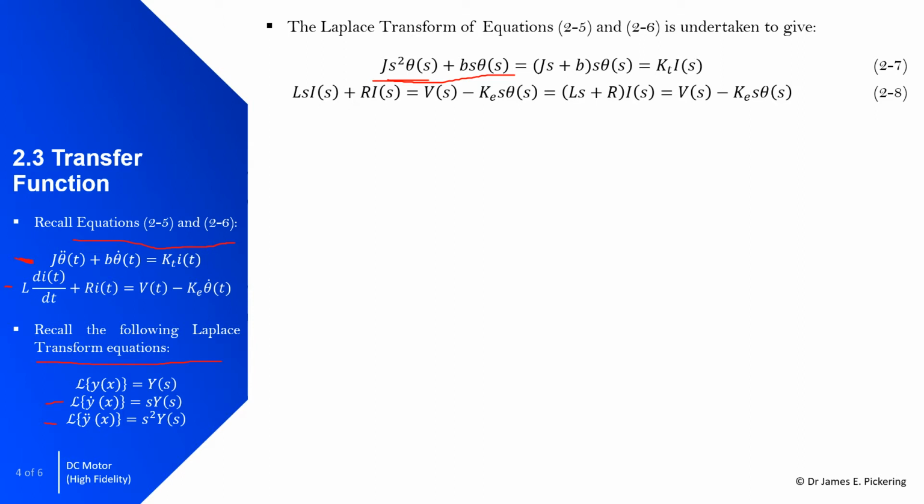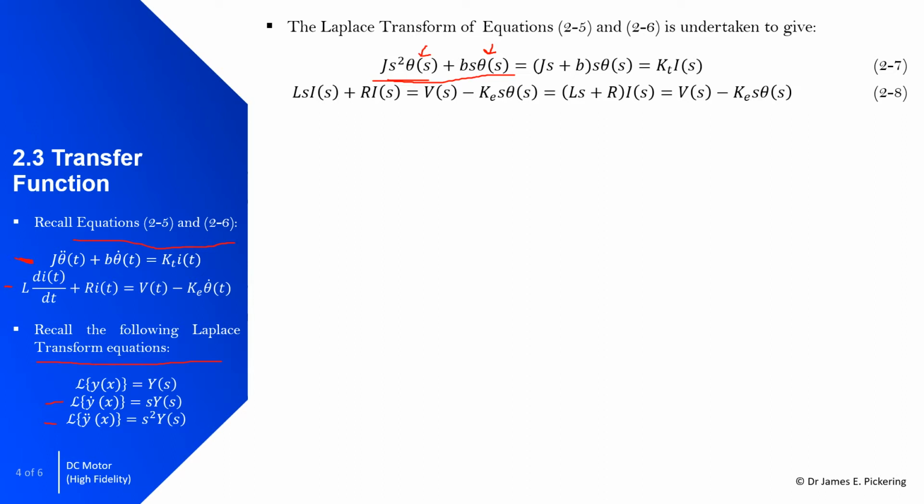Because obviously here you can see theta of s is common, and also here you see s squared and s. What we can do is move s theta of s outside, and then just have Js, because s multiplied by s is going to be s squared.